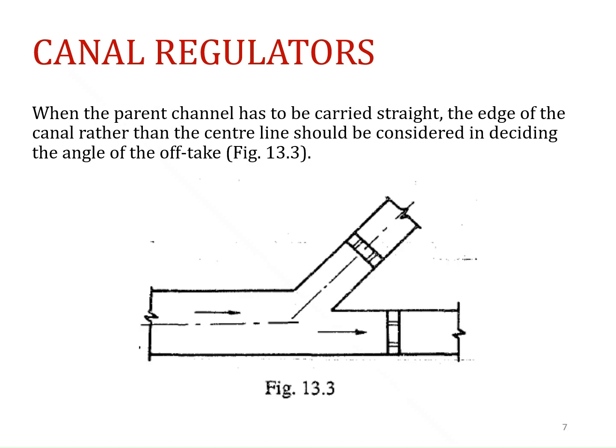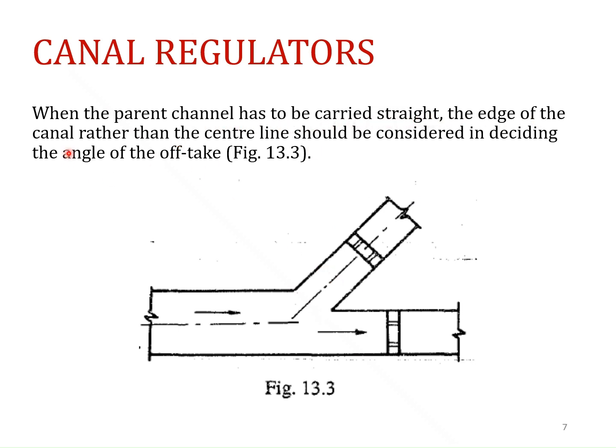Another arrangement is here, when the parent channel has to be carried straight. Right here you see this is the parent channel, and it has to be carried straight after the off-taking canal is taken off. So this arrangement is used when the parent channel has to be carried straight.